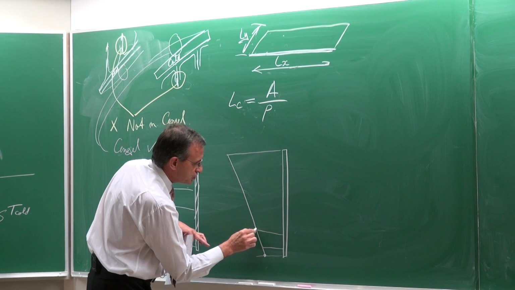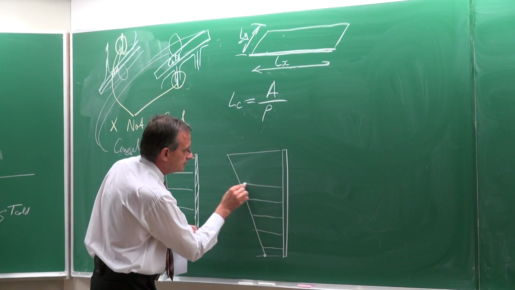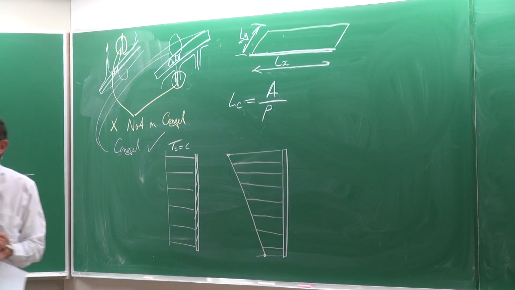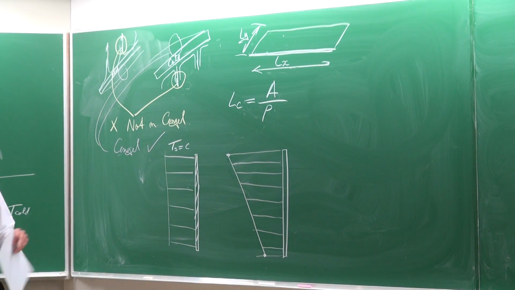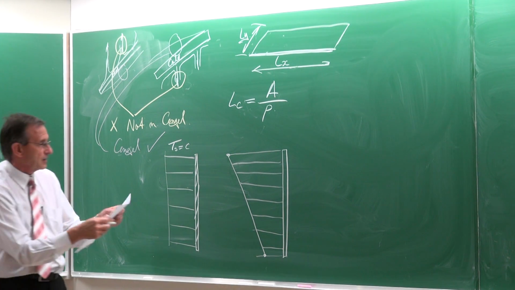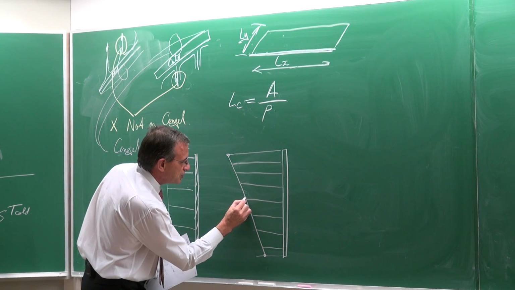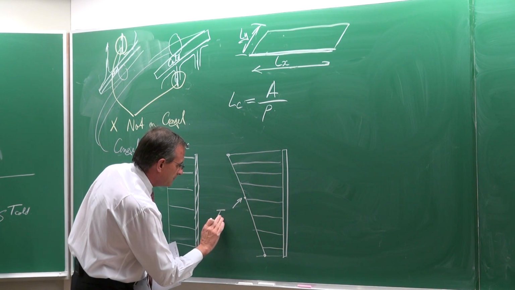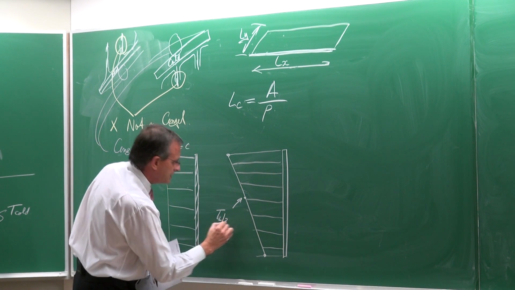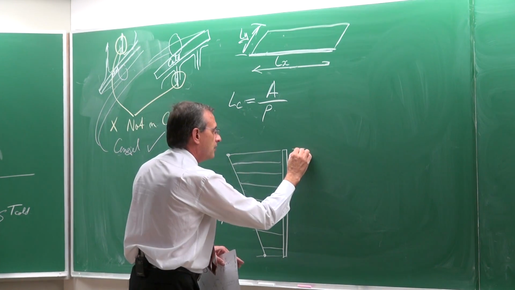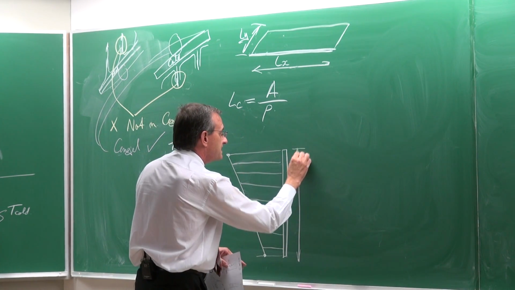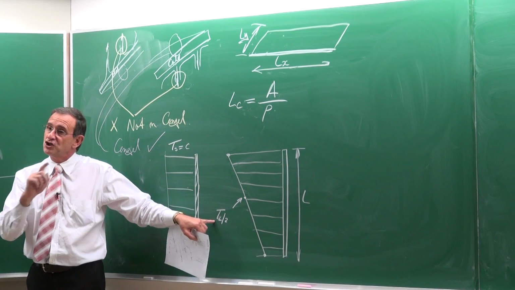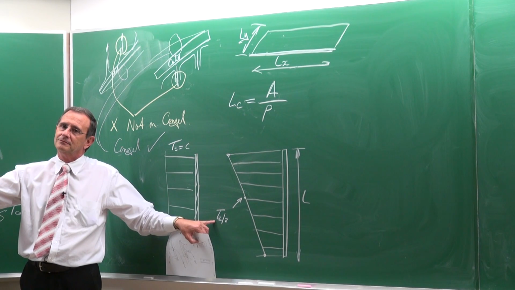So your temperature on the surface is going to do that. It's going to increase linearly. And what you then have to do is get this film temperature at the position L divided by 2, which is halfway in the center. And then you have to use that temperature as your film temperature.